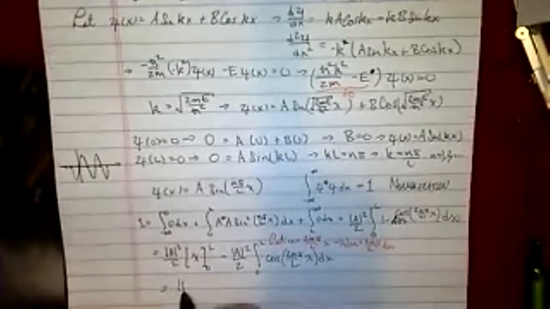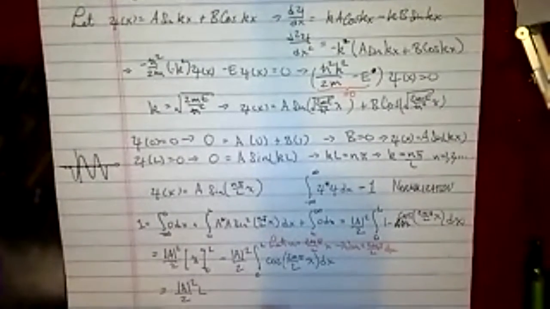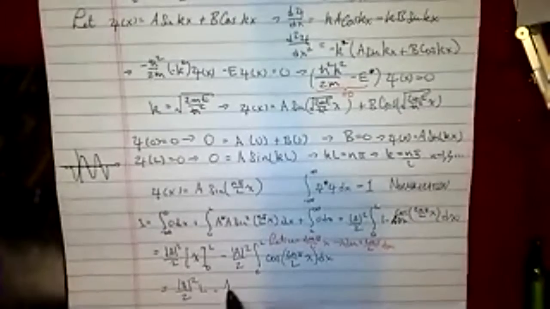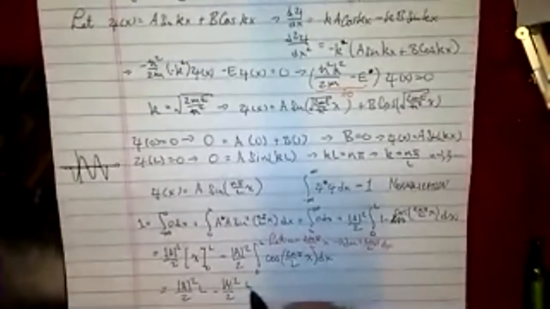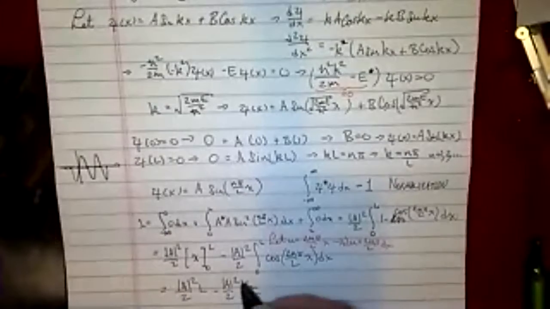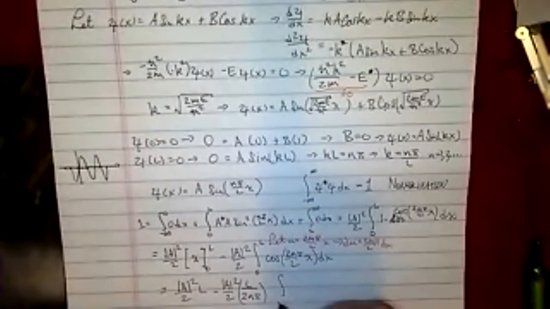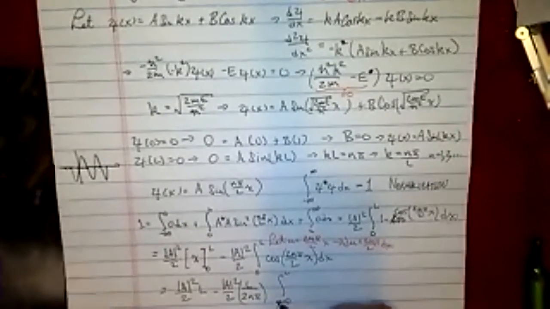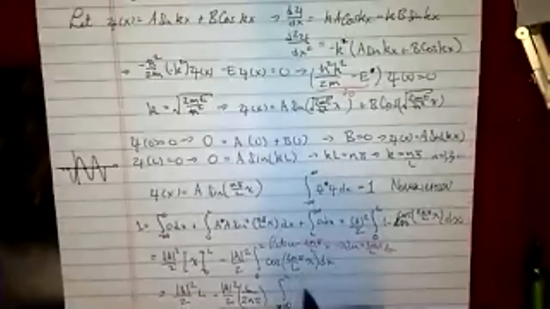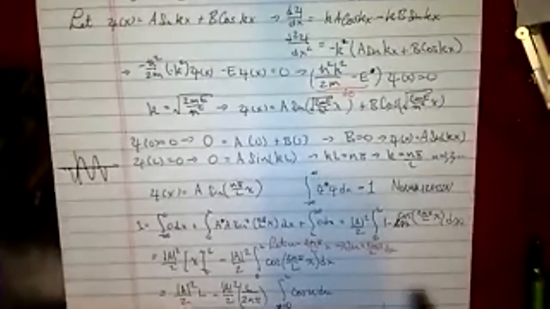So the next step is going to give me here, I just get an L. So this is A squared over 2 times L minus A squared over 2 times L over 2 n pi. That's for the change of variables. And I get the integral from x equals 0 to L. I wrote the x there just specifically because remember I changed the variable to u, so it's going to be cosine u du.